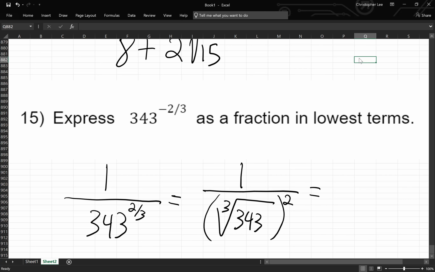I lost you. So remember that when you have fraction powers, the denominator of the fraction is going to be a root, and the numerator, you're just squaring it. So tell me, what is the cube root of 343?